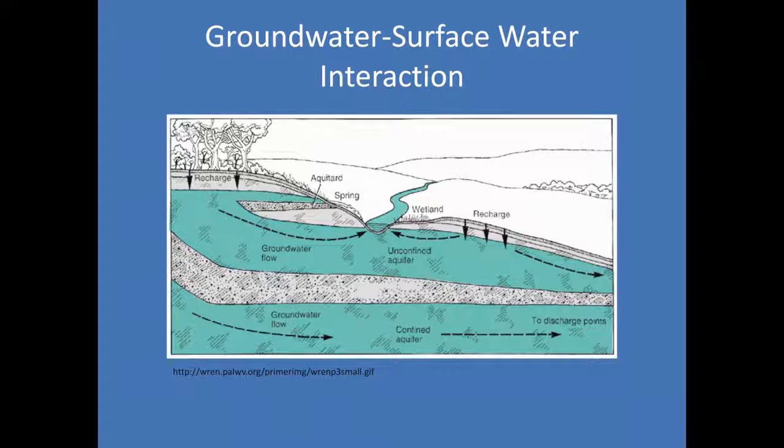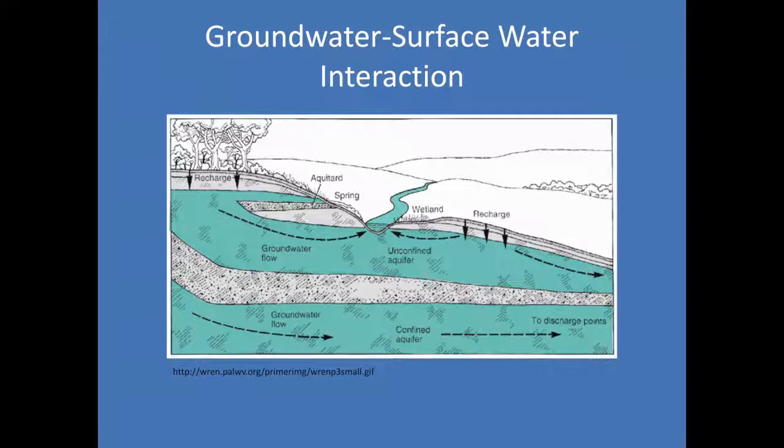Okay, so we're going to talk a little bit about the groundwater and surface water interactions. In this diagram, you can see what we have is our aquifers. An aquifer is a water-bearing rock that has high permeability and is usually found in our unconsolidated geologic layers. Here you can see an unconfined aquifer close to the surface with our surface stream hydrology there, and then a confined aquifer that's separated by an impermeable geologic layer.